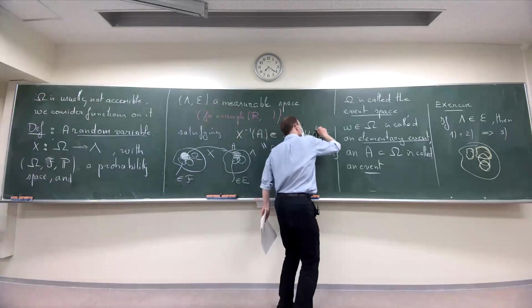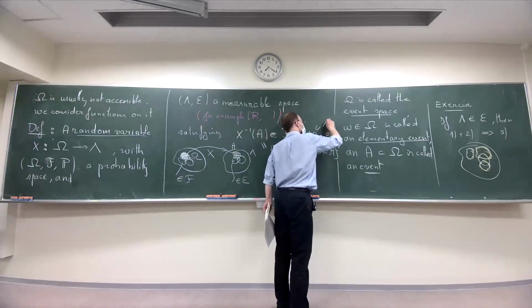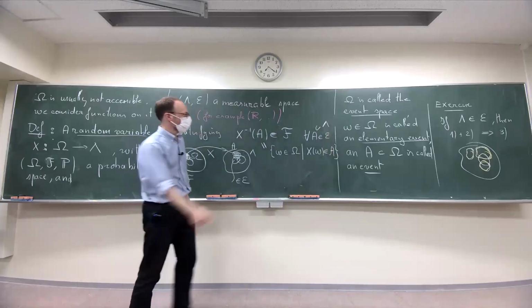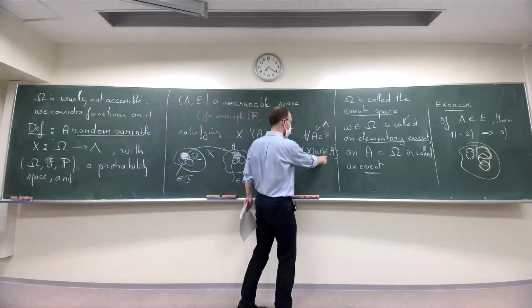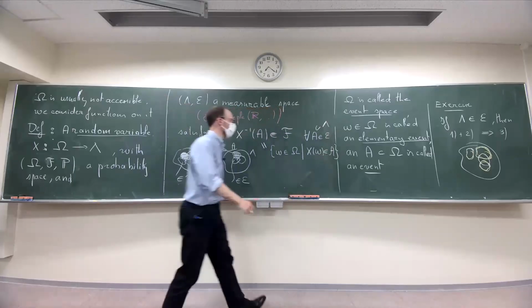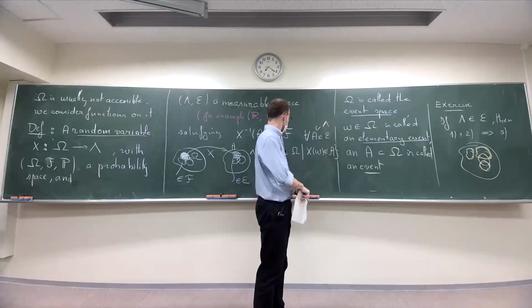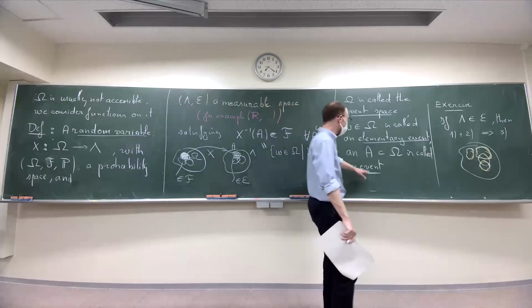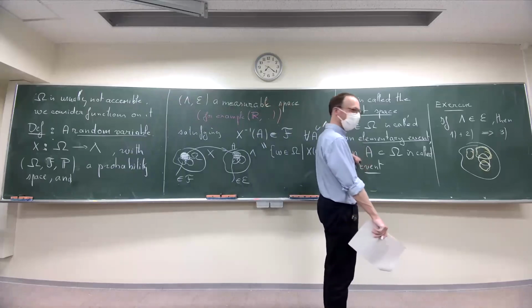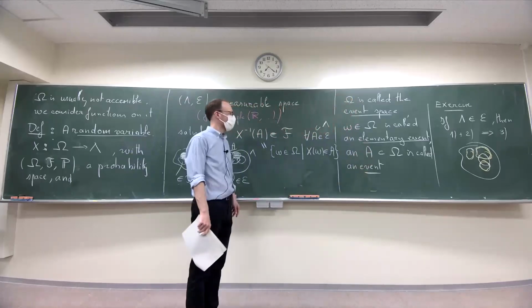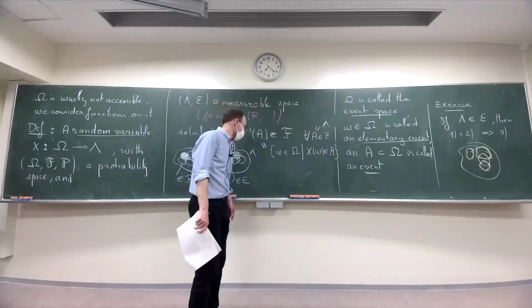A is inside lambda, but it's one element of the family. This belongs, no, this is correct. Like the right one. And A inside omega is called an event. Wait, I was very confused about that one, because you said A inside omega, but now it's A inside omega.